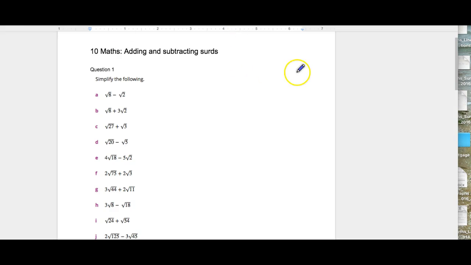So what I mean by that is if we had, say, 2a plus 3a, we add how many a's we have. So we have 5. So basically, this is kind of like an object. So let's say if we had 2 apples, plus 3 apples, how many apples do we have altogether?